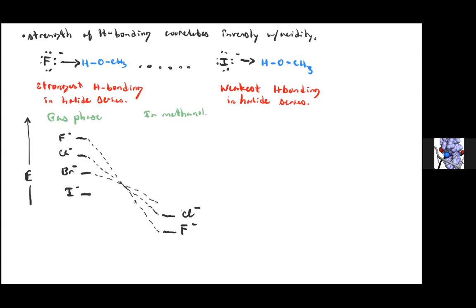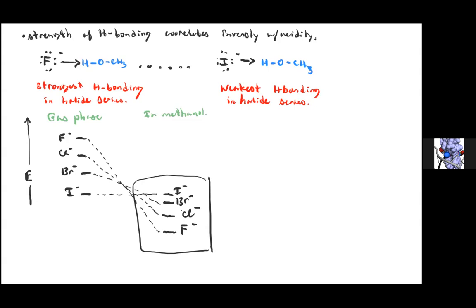The energy of Br minus will drop, and then the energy of I minus certainly will go down, but not by much. What we've effectively done when we put these halide salts into methanol is reshuffled their energies, reversed their relative energies. And so now I minus is the least stable. It's the one that is going to be most reactive.